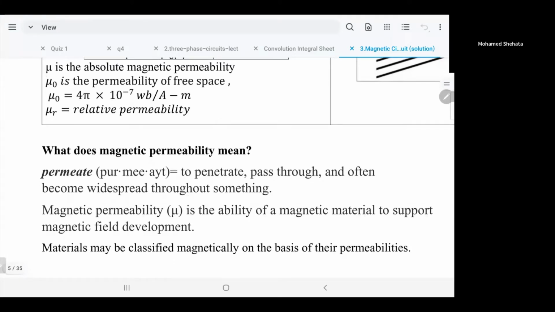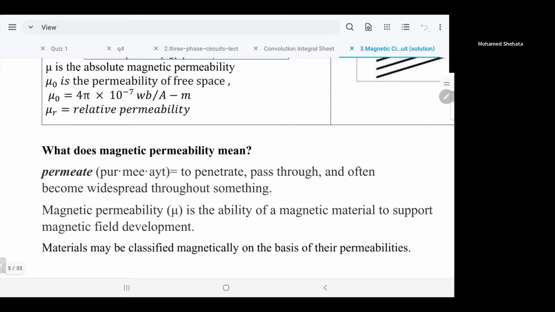I gave you the direction. Penetrate, pass through. Whatever the material is made of, if you try to get it into a dough or into wood, in a dough maybe it can penetrate and go, but maybe the wood will prevent it. So it's how much magnetic flux is allowed, like if you have air, silicon, or steel.